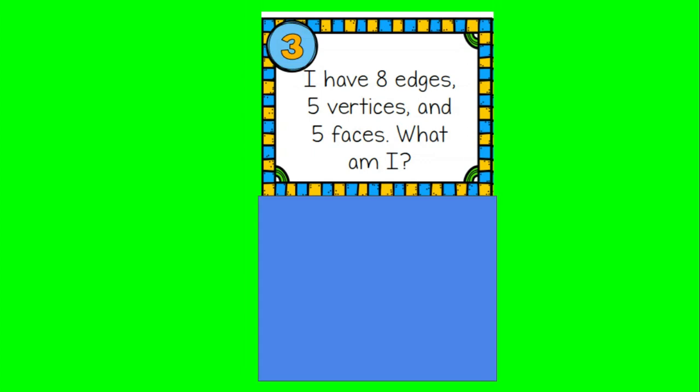Interesting. Well, rectangular prisms have way more edges. And they definitely have an even number of faces, so that doesn't work. So not a rectangular prism, not a cube. It can't be any of our rounded shapes. So what do we have left?